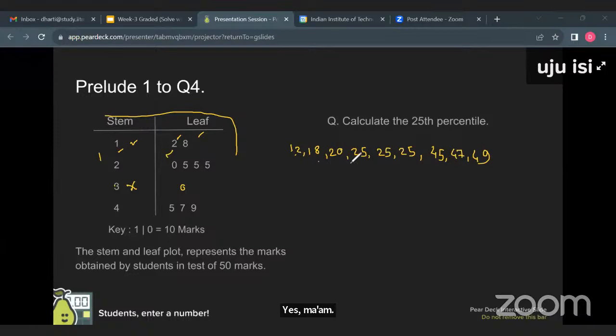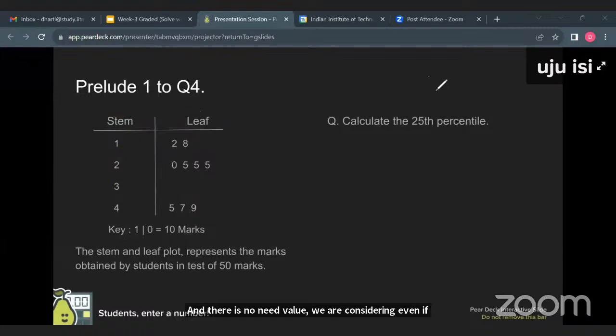Ma'am, when there is no leaf value, even if a stem value is there, we are not considering any number. But if there is a leaf value and we don't have a stem value, we are considering it to be 0. Yes. So we can write it as 0, 3, no, ma'am? Yes, you are right.